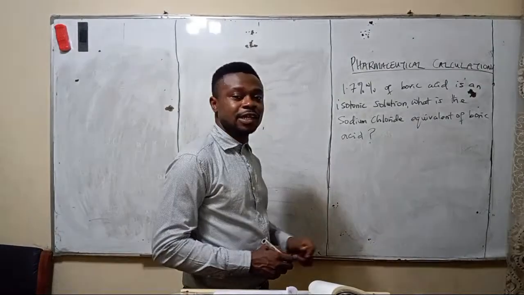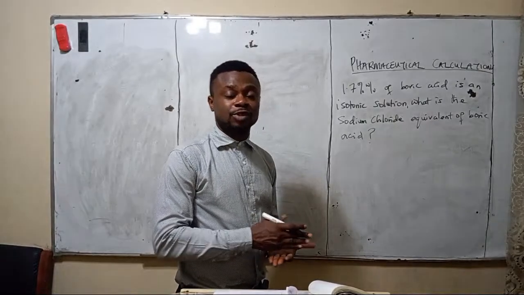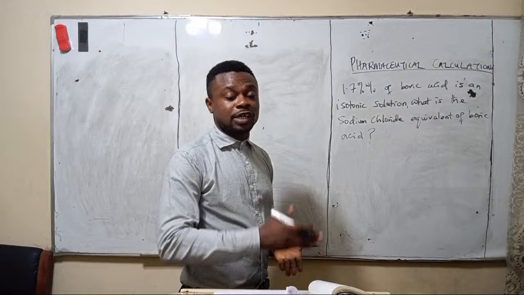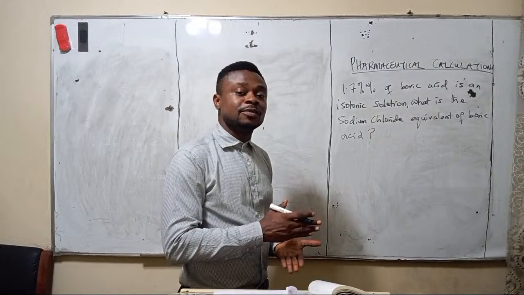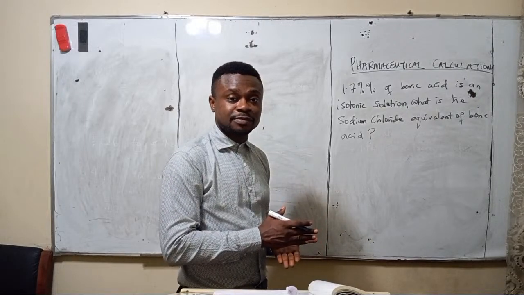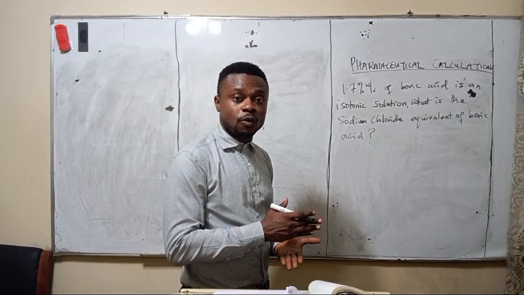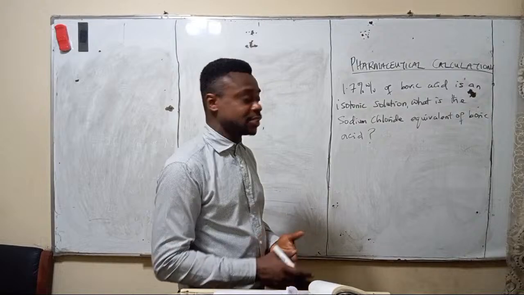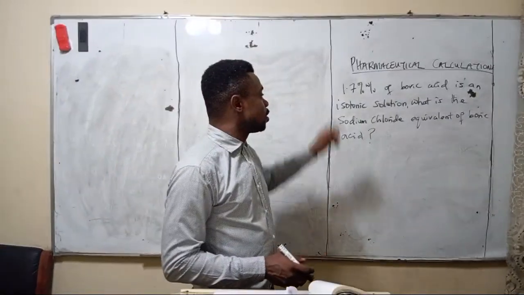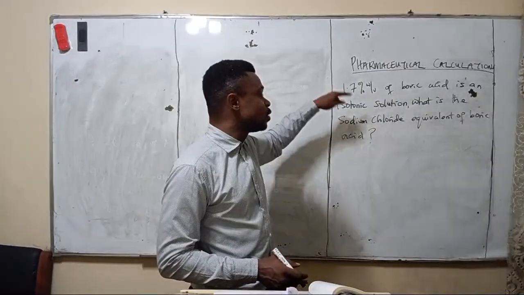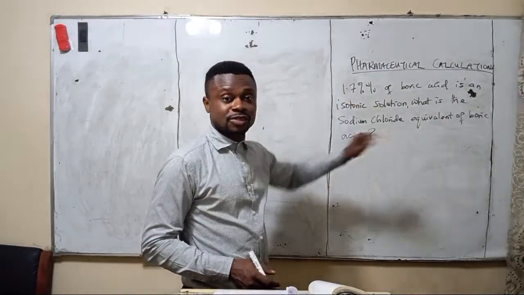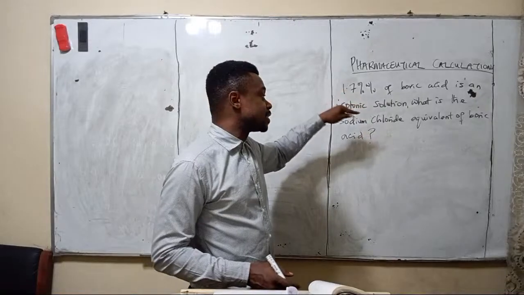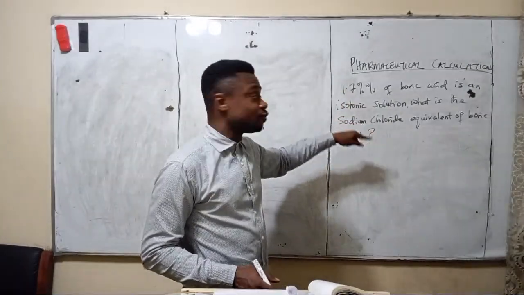Just the same way, 0.9% weight in volume of sodium chloride solution can depress the freezing point of water by 0.52 degrees Celsius. What it means is that 1.7% weight in volume of boric acid solution has the same tonic effect as 0.9% weight in volume of what?